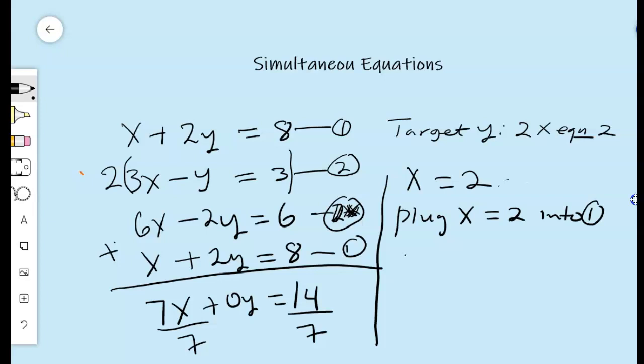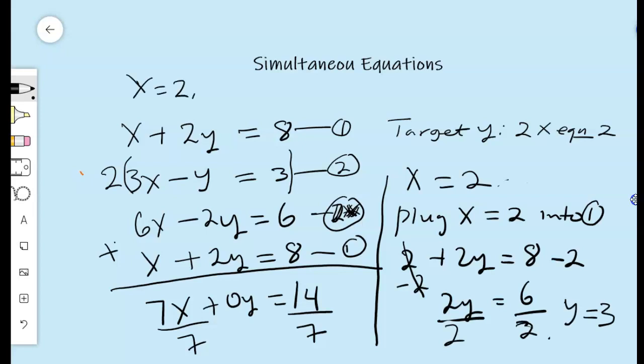So here it's just 2 plus 2y equals 8. We need to get rid of this, so we subtract and do the same thing here, and this becomes 0. We get 2y equals 6, so x equals 2 and y equals 3.